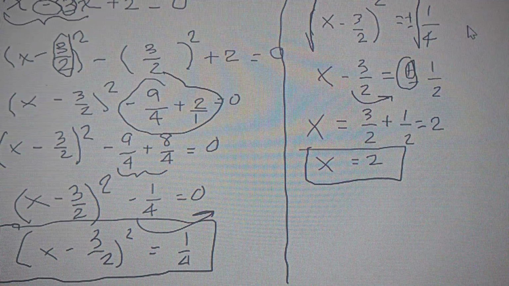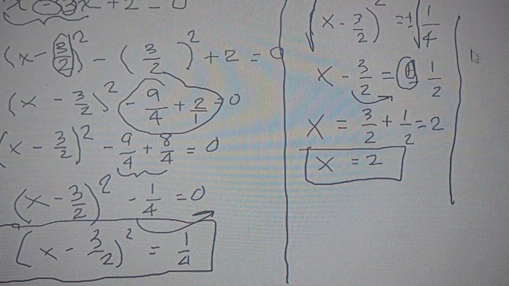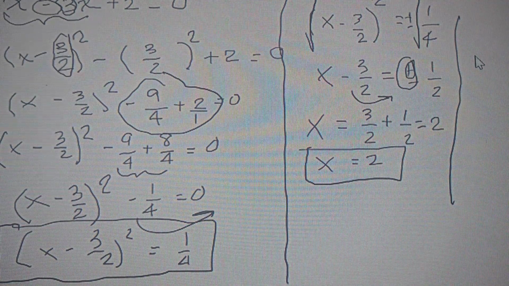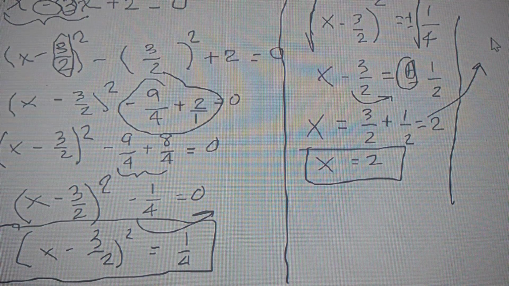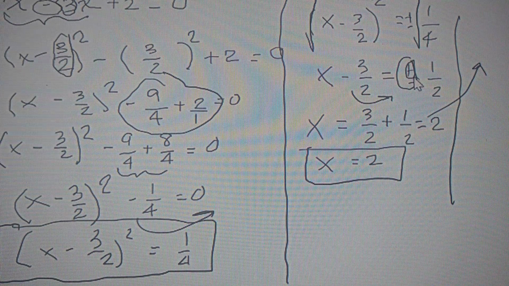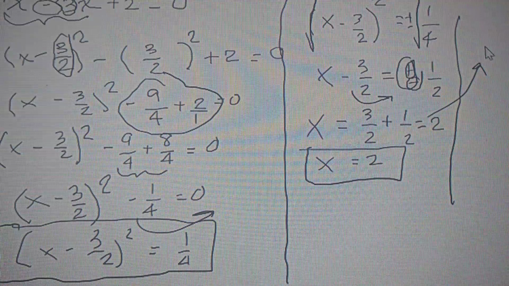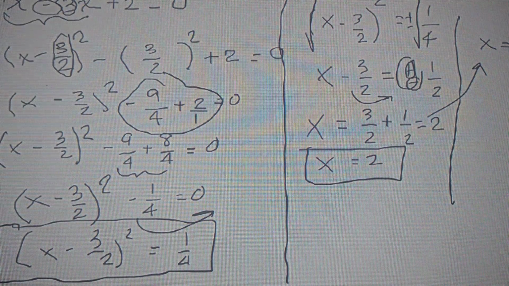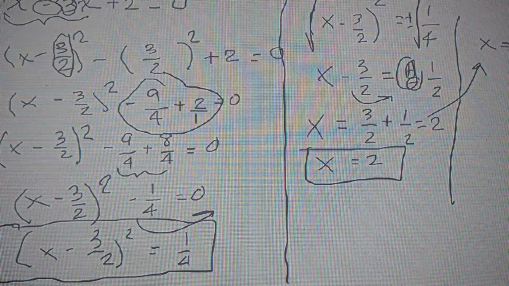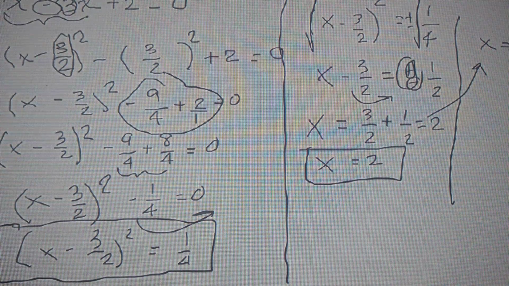What about the second solution? Well, from here, we are going to be using the negative part now. So we say x is equal to 3 halves minus 1/2.